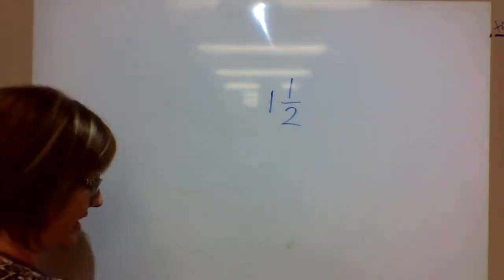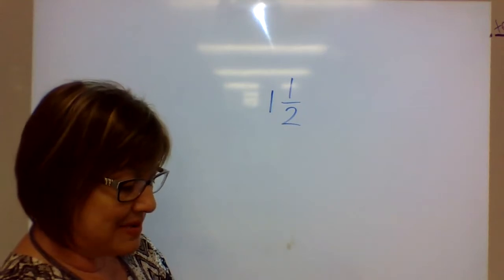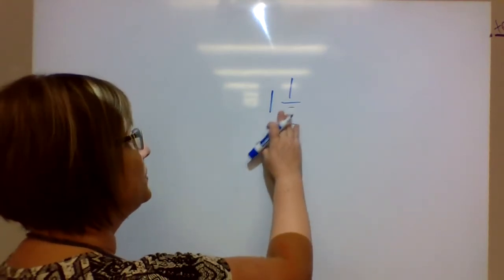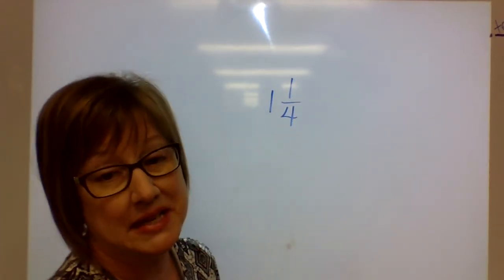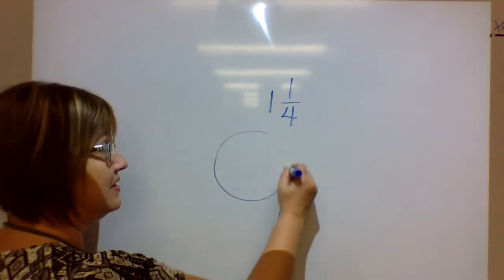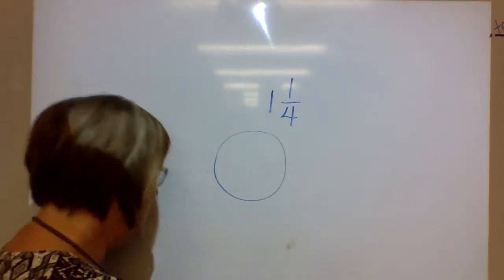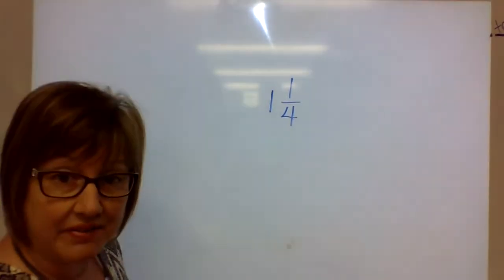Now, if you had 1 1/2 pizzas left and you wanted to know how many pieces that is, let's use fourths instead. It makes a little more sense. You don't usually eat a whole half pizza unless it's a little mini pizza. But let's pretend it's a bigger pizza and you have 1 1/4 pizza left.